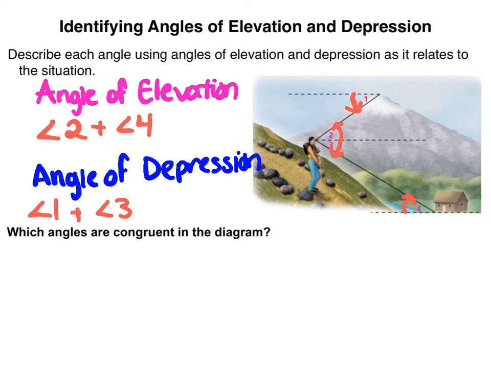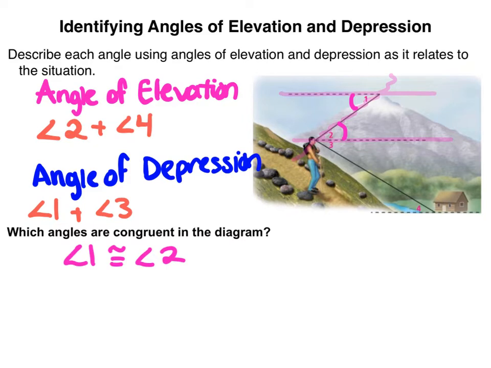Now the last question says which angles are congruent in the diagram. If I were to erase my markings, based on the parallel lines, I have my 2 parallel horizontal lines and the transversal. Using our alternate interior angles, we know that angle 1 and angle 2 would have to be congruent.